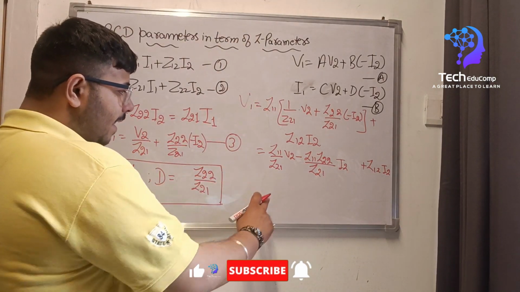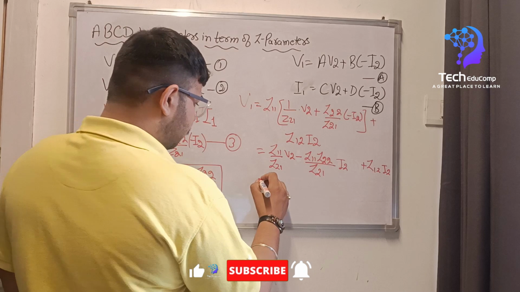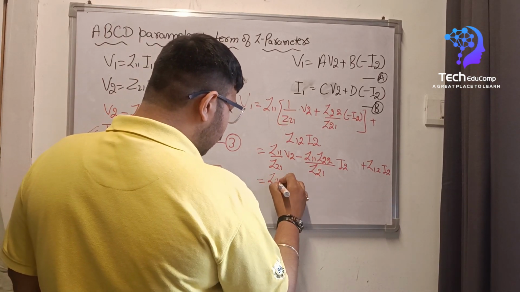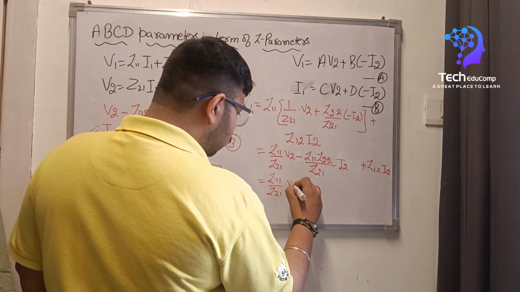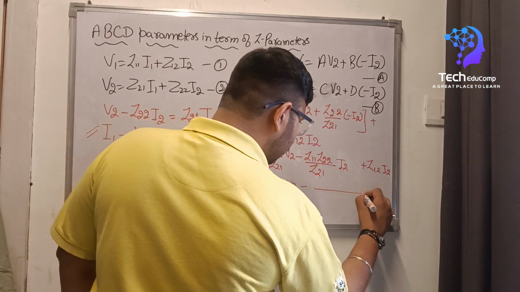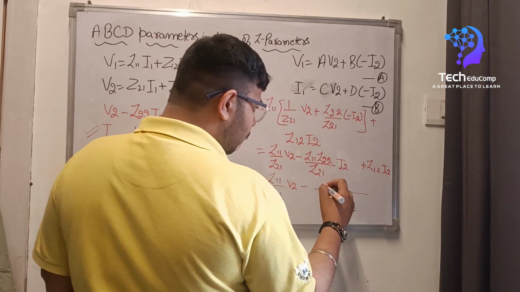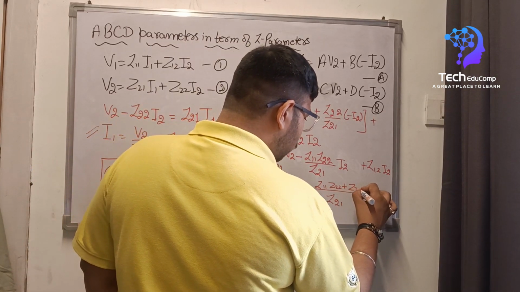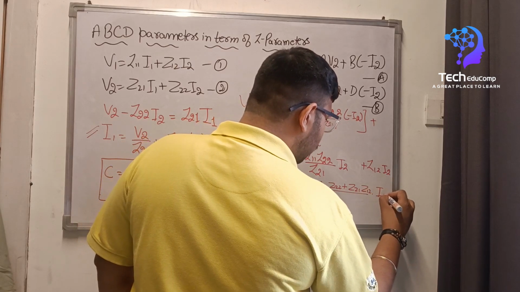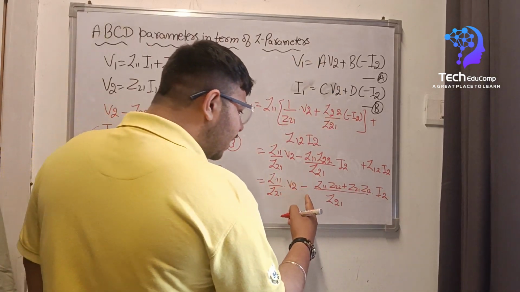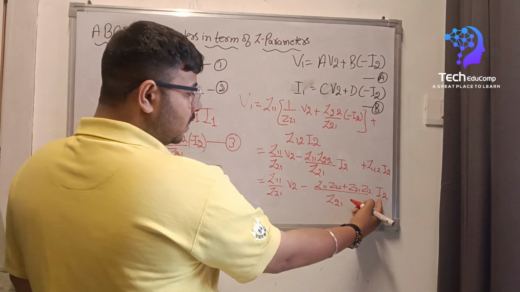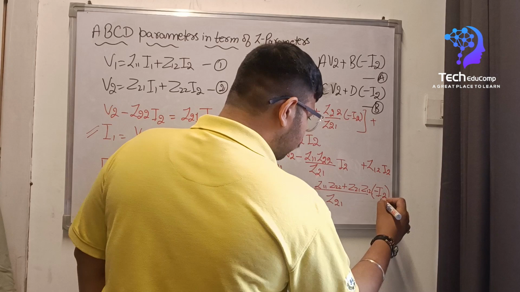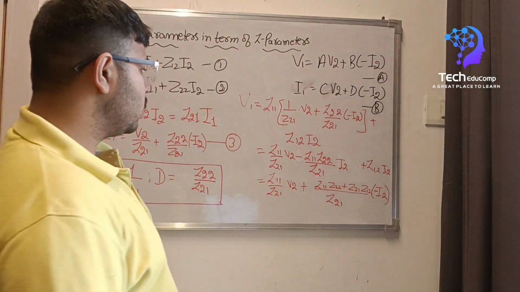Now taking Z21 as the LCM, it will be Z11 upon Z21 into V2 minus of Z11 into Z22 plus Z21 into Z12 upon Z21 into I2. Now taking this minus again inside of minus I2, it will be plus, it will be minus of I2. Now this is equation number 4.